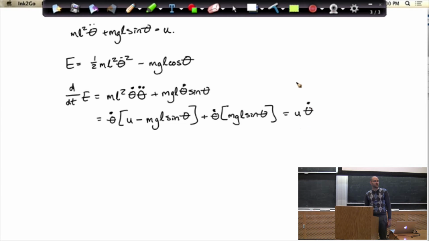But if you are a mechanical engineer, you'll say, duh, I already knew that. That's just power. That's torque times velocity. Right? So that's a good sanity check. Our algebra gave us something mechanically sensible.